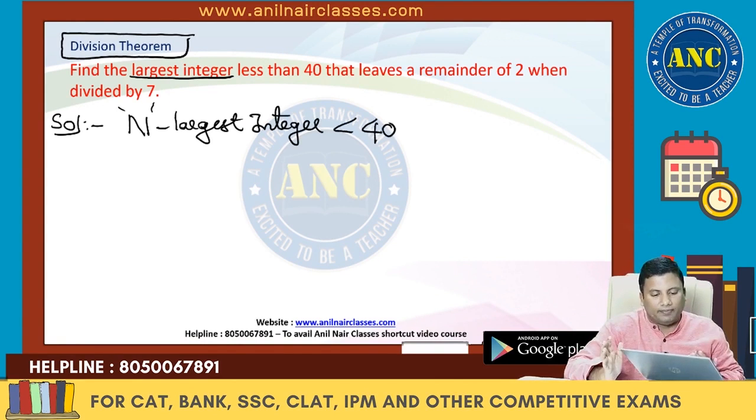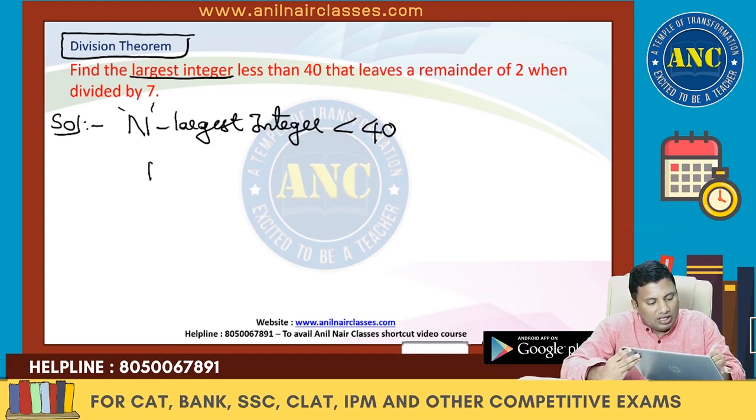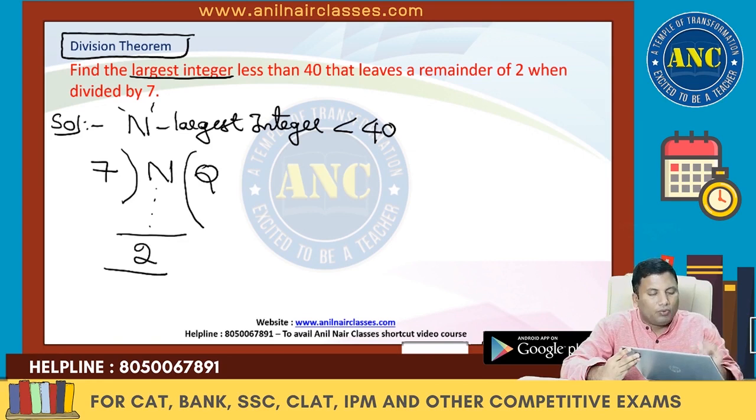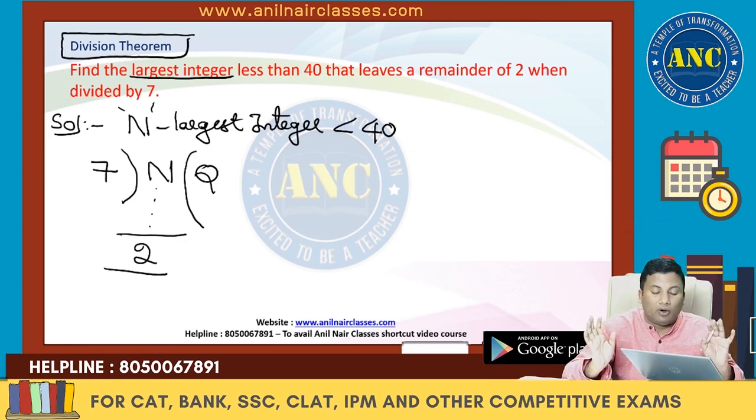First condition. This largest integer is n. When you divide a number by 7, quotient I don't know, so let it be q. When you divide the number by 7, I got a remainder 2. I hope it is clear.